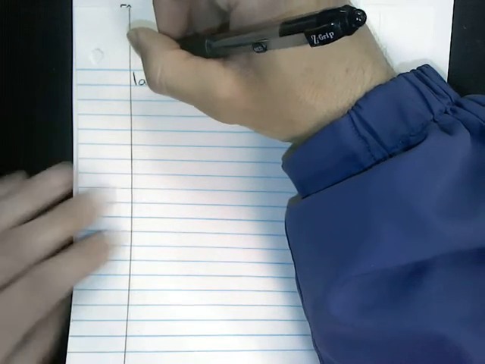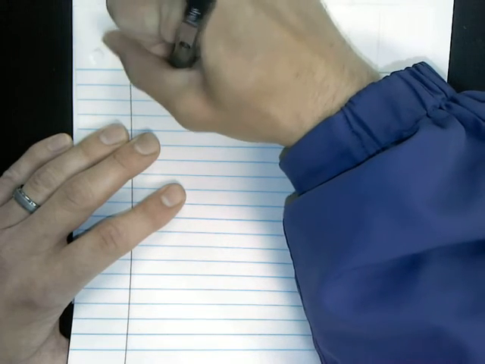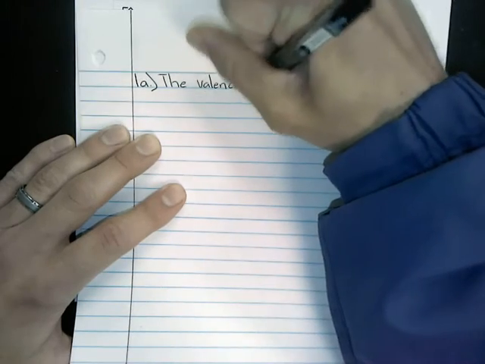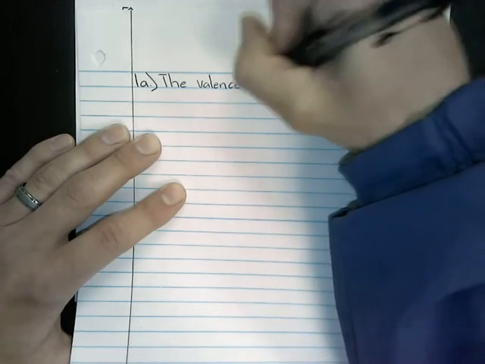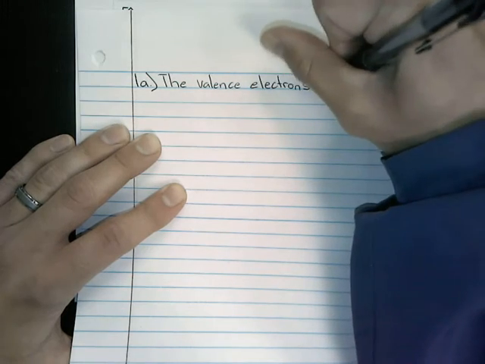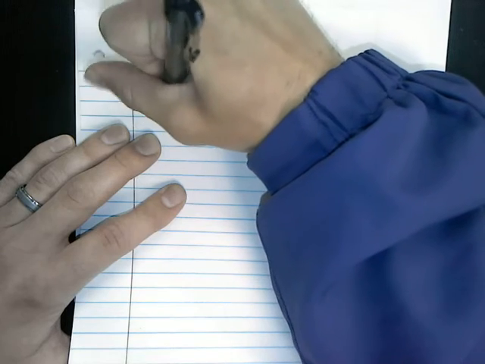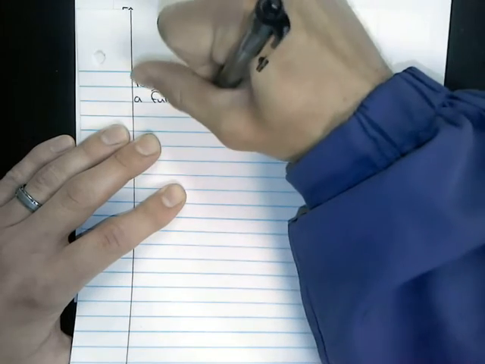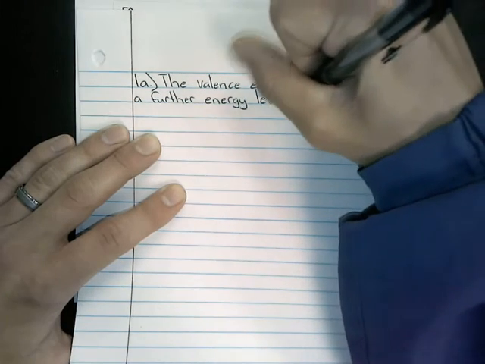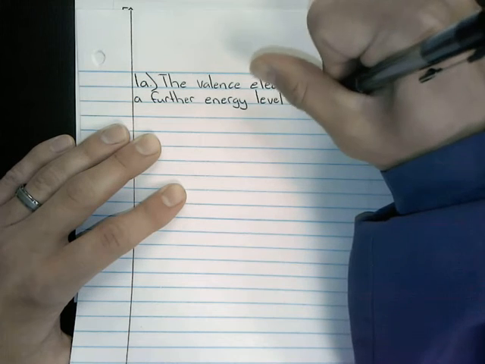We could say here that the valence electrons are in a further energy level or period compared to that of sodium.